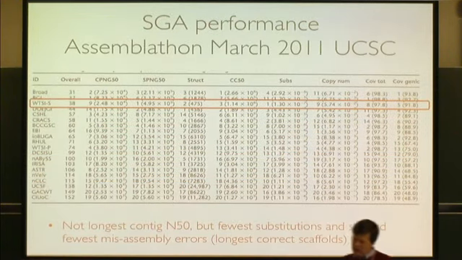In the Assemblathon competitions, this did quite well in both of them. I take some exception to the comment that a single value can summarize the performance of an assembler. I think it does matter what you care about, as Mihai said. The property we liked about SGA was that, although it didn't give the longest N50, it had the fewest substitutions and the second fewest misassembly errors.